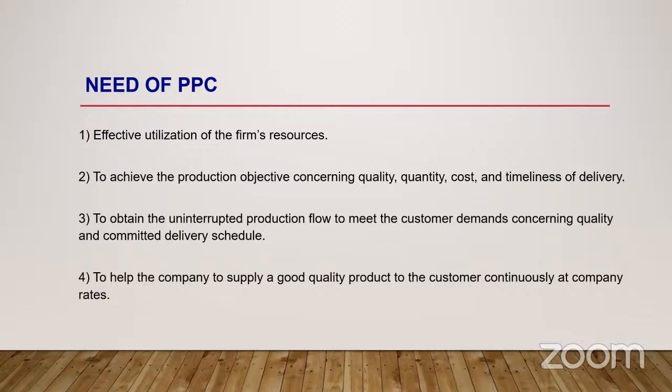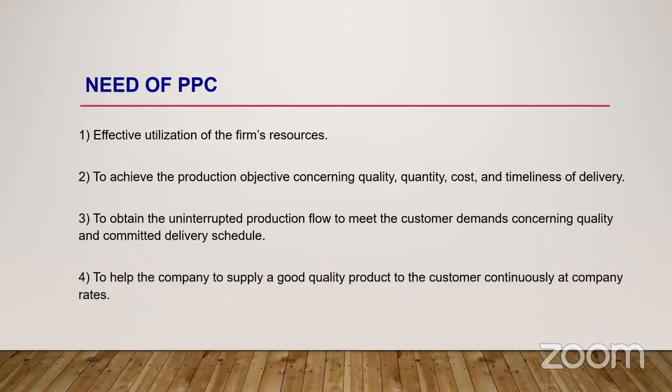Then come to the third point, to obtain uninterrupted production flow. Why is it required? Because if you are unable to maintain your inventory properly, your material requirement will fail, because you don't know how much material is required per day to manufacture a certain amount of product, and how many batches of production should be taken per day.